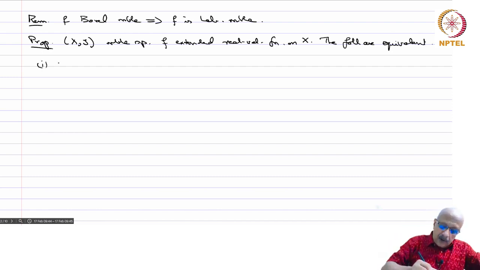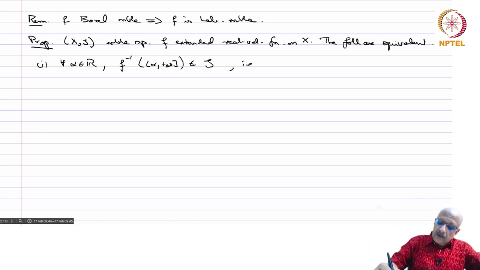One, for every alpha in R, f inverse of (alpha, plus infinity) is in S, that is f is measurable.